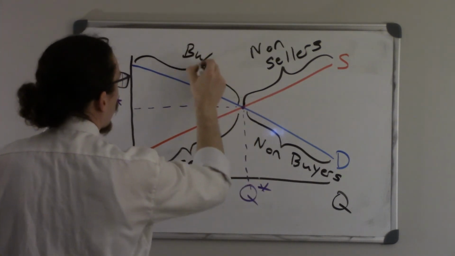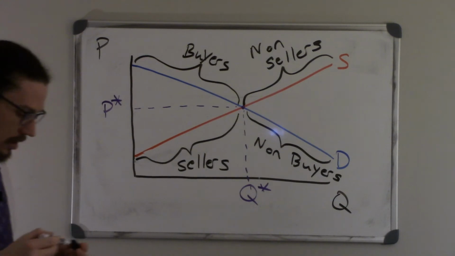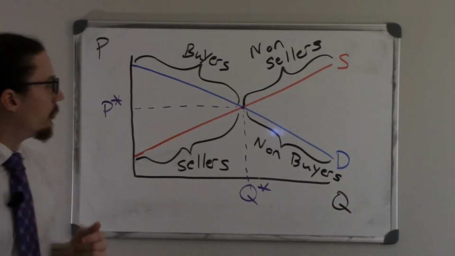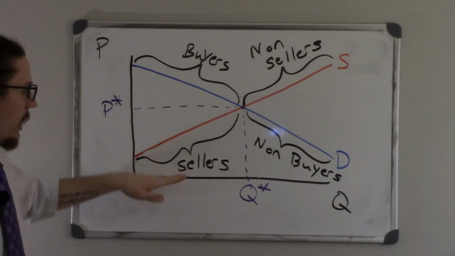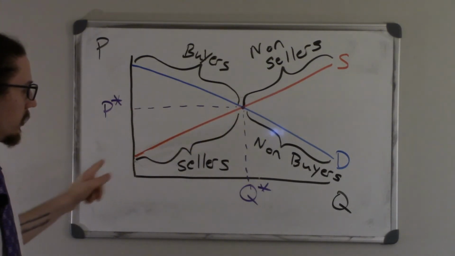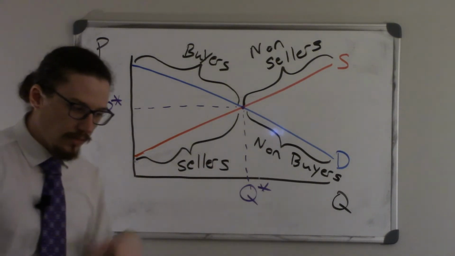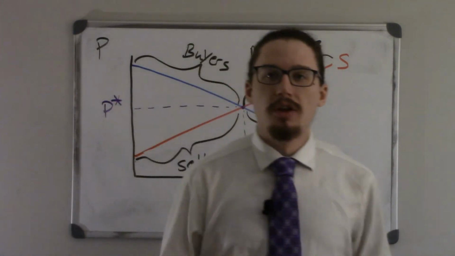All right, on the other side, it's very similar, so I'm just going to go ahead and put both of these up. For our supply curve, to the left of our equilibrium, these sellers were able to actually sell their product.